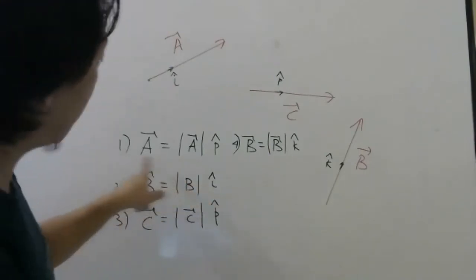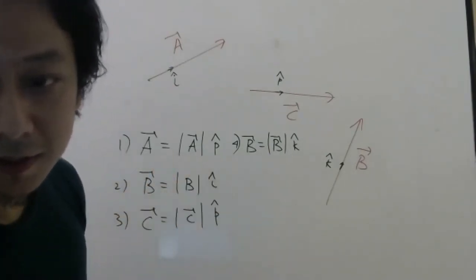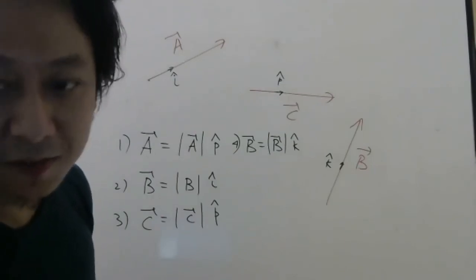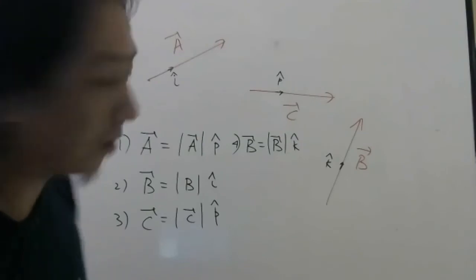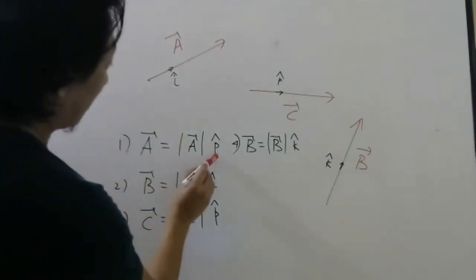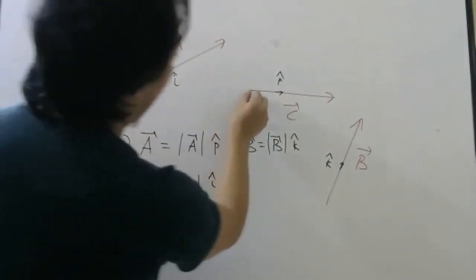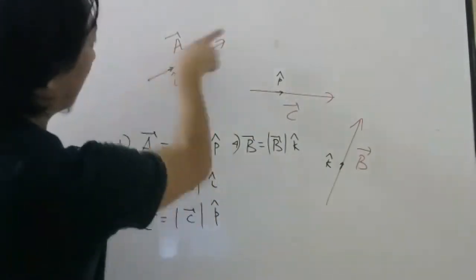First one is wrong because P cap is not in the direction of A bar. P cap is here. So you cannot multiply by P cap, this direction, and get this vector, right?